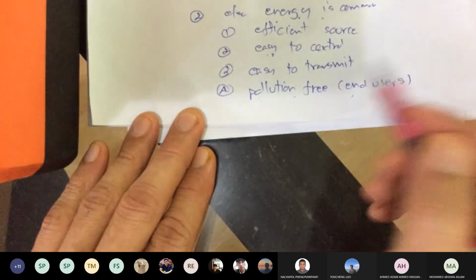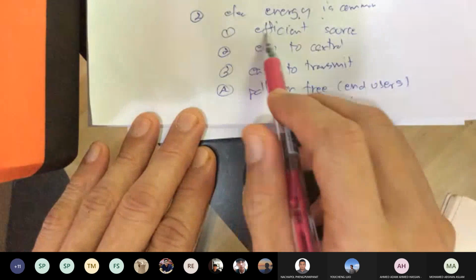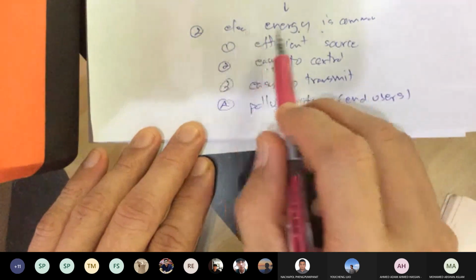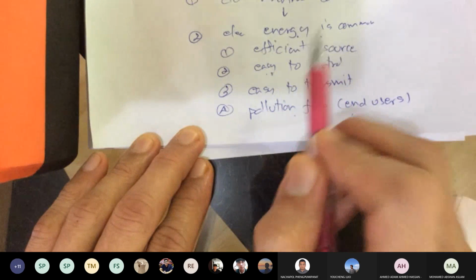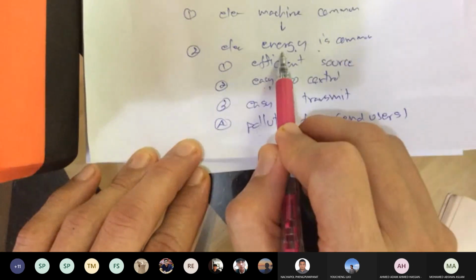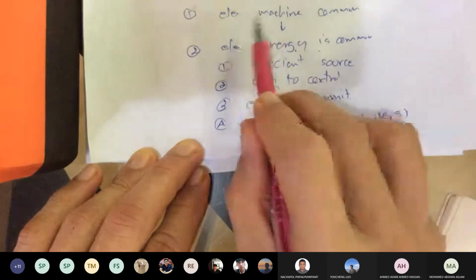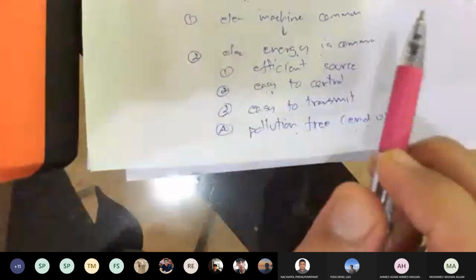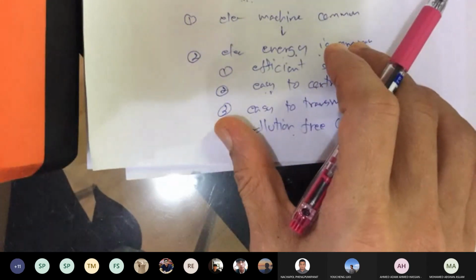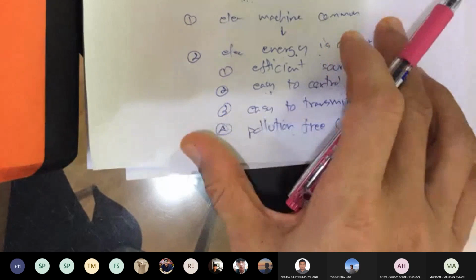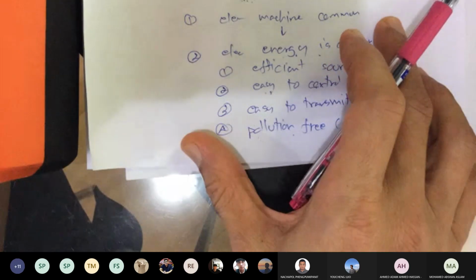Okay. So these are some of the main reasons why electric energy is common. And because this type of energy, electrical energy, is common, the electric machine is common. So in your future, or at least in the foreseeable future from now, electrical power is going to rule, okay?